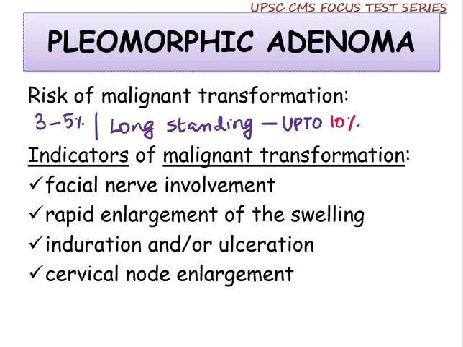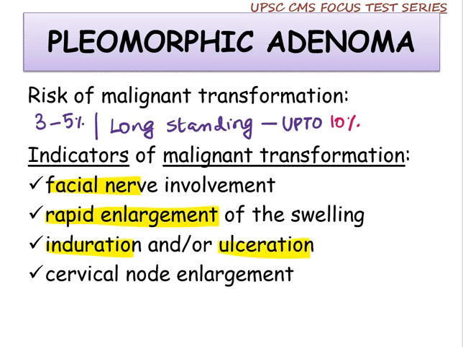And what are the indicators for malignant transformation? Very important. First is the facial nerve becomes affected. Second is a rapid increase in the size of the swelling. These are two important common pointers which will tell you that there may be a possibility of malignant transformation in pleomorphic adenoma. The third thing is induration and or ulceration.